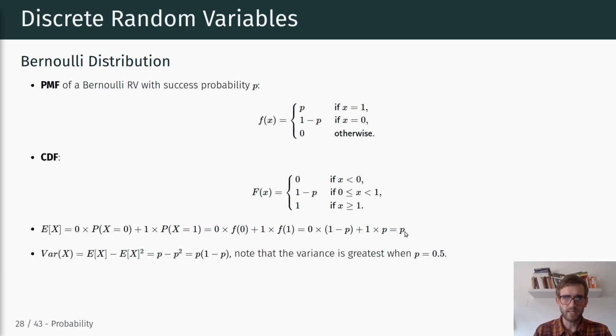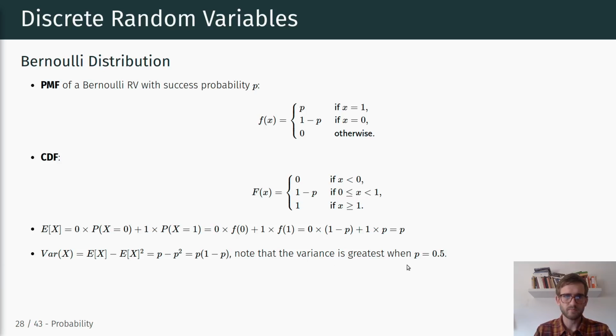Right? The variance of x is, as we discussed in the previous video, defined as the expectation of x minus the expectation of x, squared, which if we plug in the expectation of x and the expectation of x squared, we get p minus p squared, which we can simplify to p times 1 minus p.